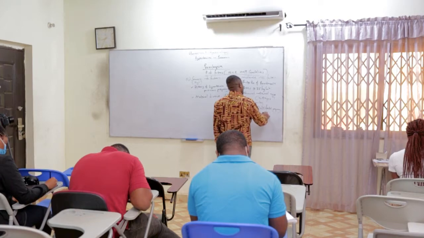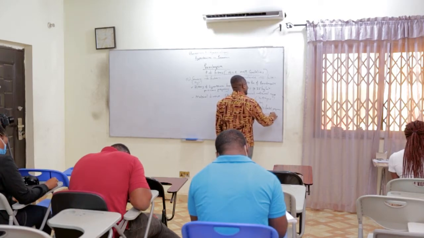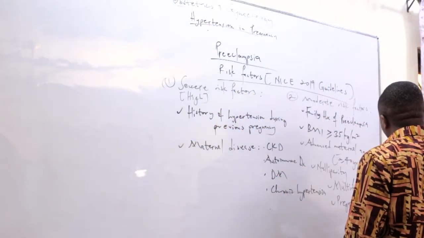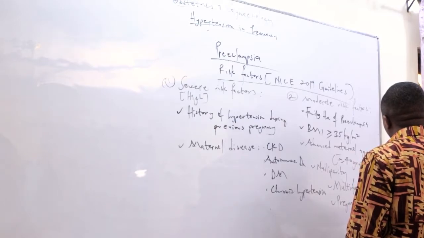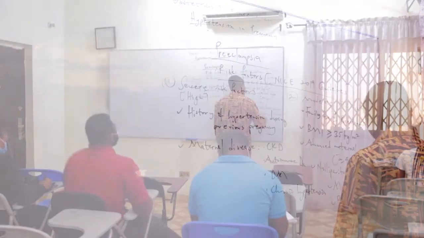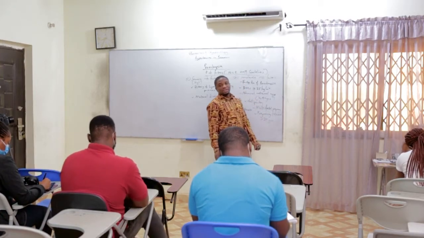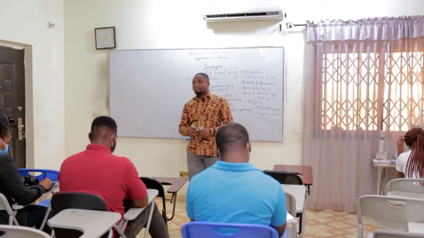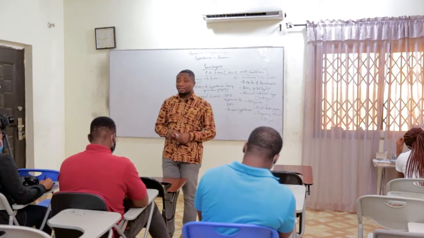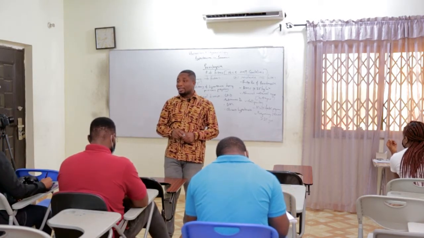So if the patient delivers the first child, and the next child is coming after more than 10 years, then that pregnancy is likely to develop pre-eclampsia. Is that clear to you?